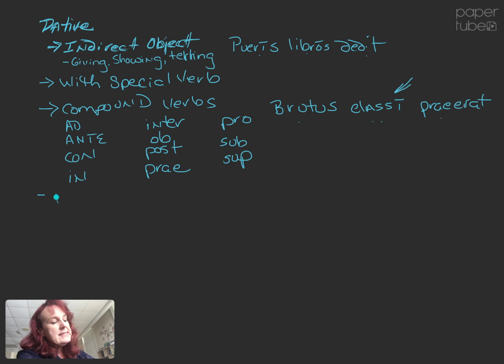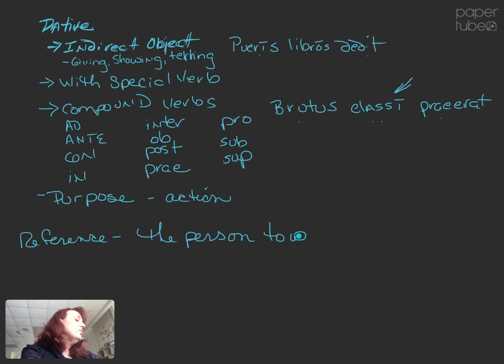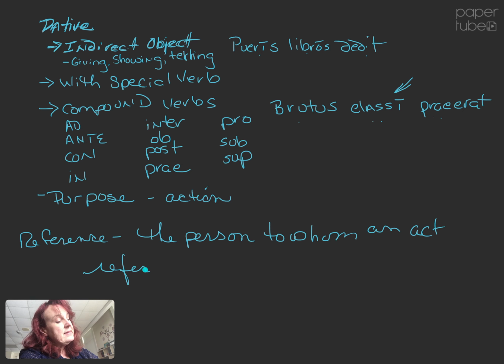You can also have a dative of purpose. It denotes the purpose of an action. And it's often with another dative of the person who's affected, the dative of reference. The dative of reference is the person to whom an act refers, and that's why it's often with the purpose. When they're together, it's called a double dative.